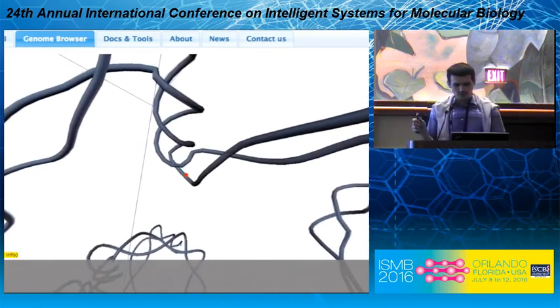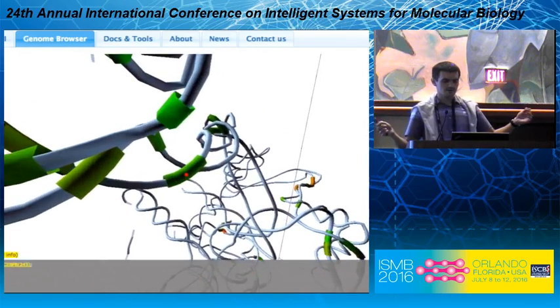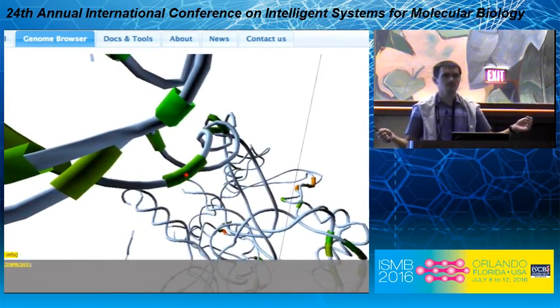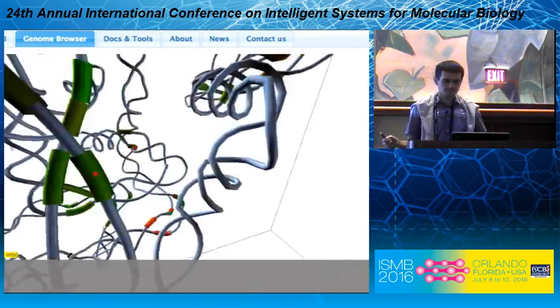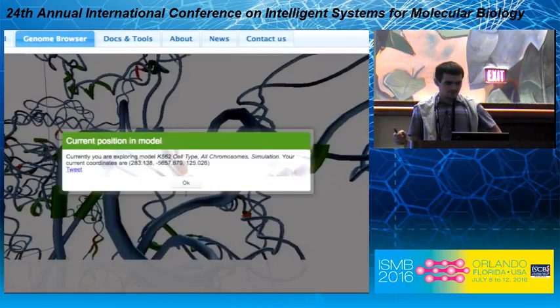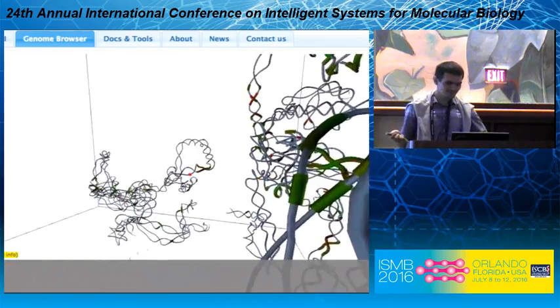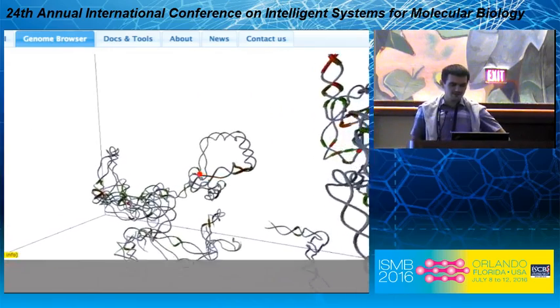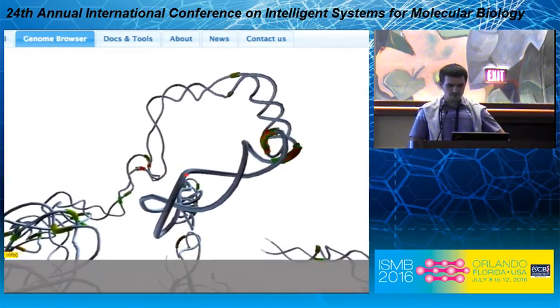So also we can represent the distance between different parts of the genome, because usually it's very important. So right here, for example, this is my current position in this model, and you can tweet if you want, but it's not so important. Let's say I want to see the distance from this point right here.